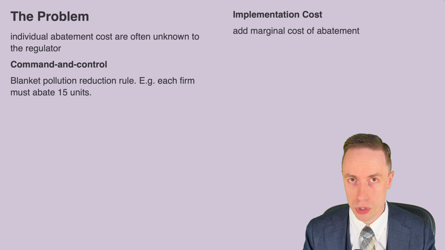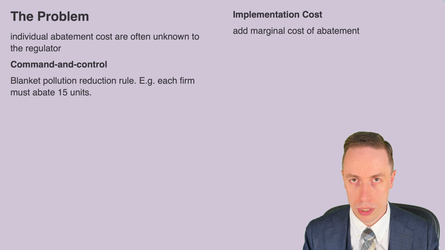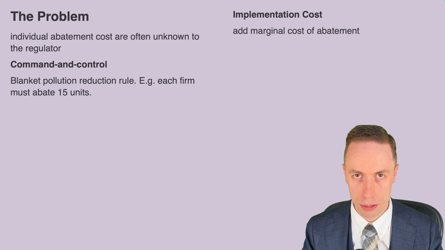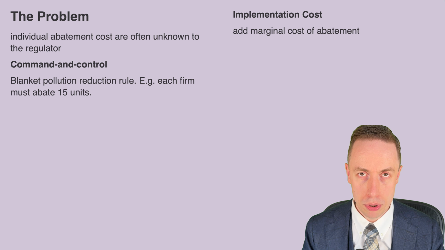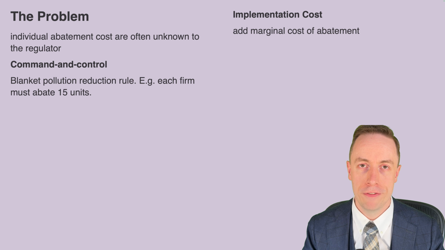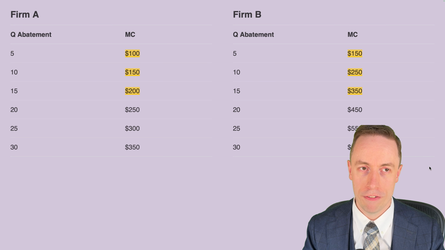Let's take this as an opportunity, though, to learn how we would evaluate the efficiency of this approach. So we've got a blanket rule that we want to make, and the goal is to cut pollution by a total of 30 units. If we only have 2 firms, the blanket rule is going to be that we ask each firm to cut back by 15 pounds of particulate. Let's go back to our firms.